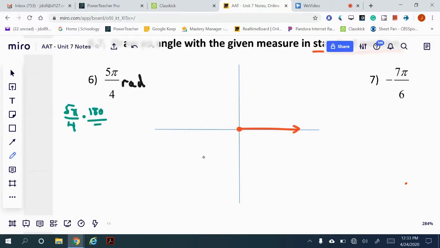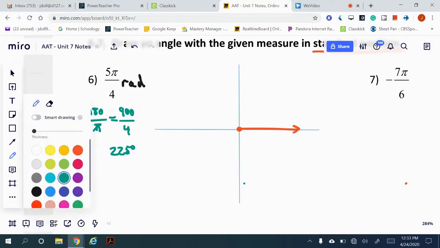All right. So 5 pi over 4, the pi's are going to cancel. 5 times 180 is going to be 900, right, over 4. And 900 divided by 4 gives me 225 degrees. So an angle measure of 5 pi over 4 radians is equivalent to 225 degrees.